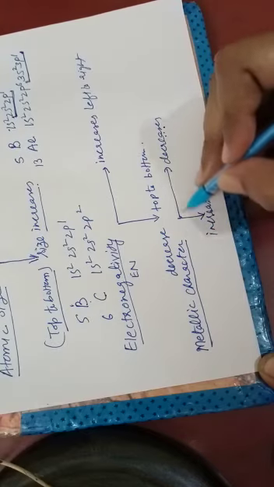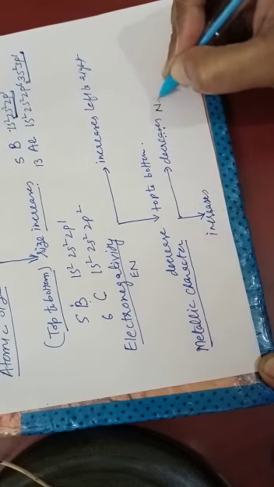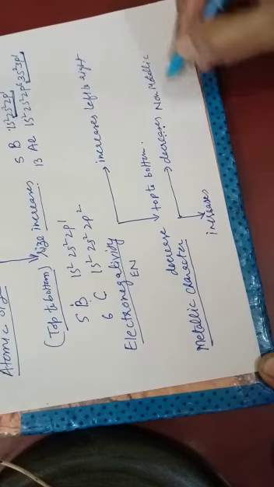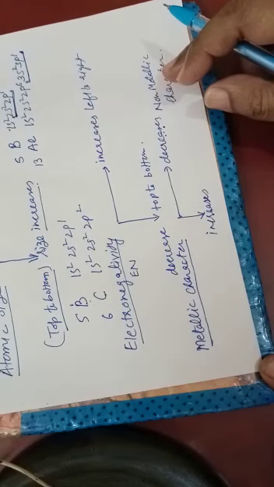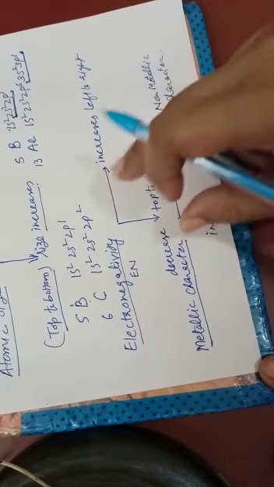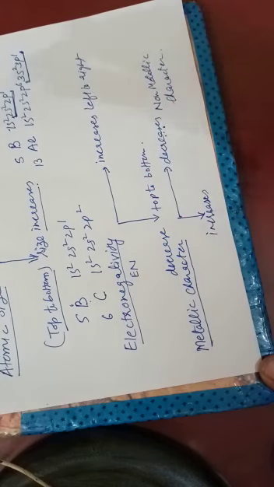So here non-metallic character increases when we are moving left to right. This is all about the three properties we have studied here: atomic size, electronegativity, and metallic character.